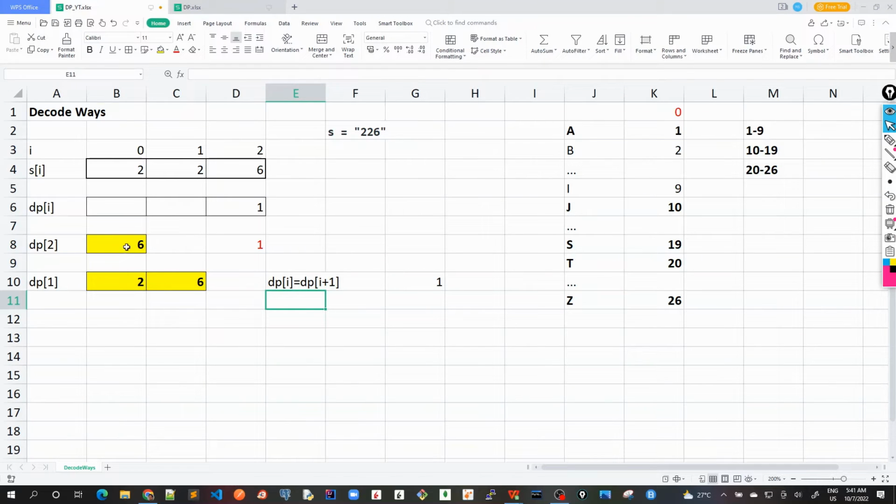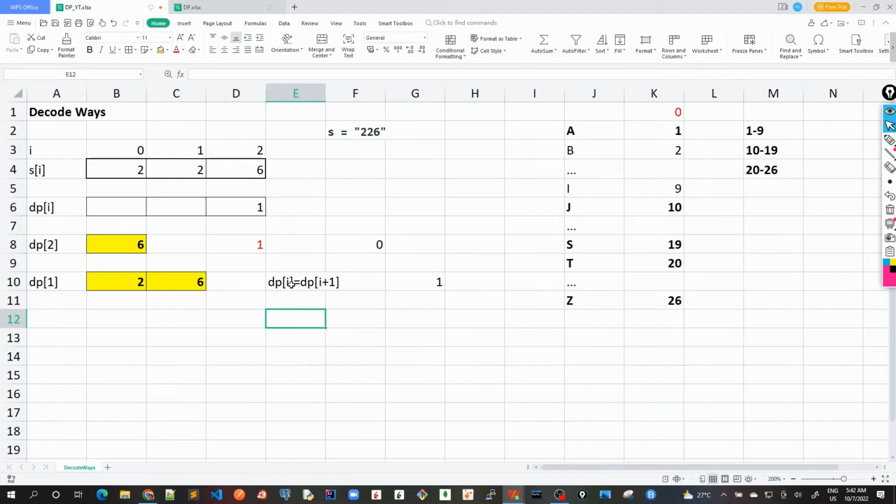Now suppose this was 0, right? So for example, 6 was 0, and then the DP of 2 would have been 0. So if I take 0 and 2, then just taking 2 will not make any sense, because it will not count to any letter to be decoded.